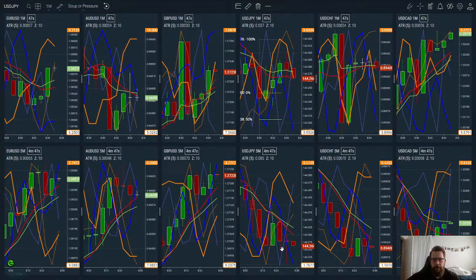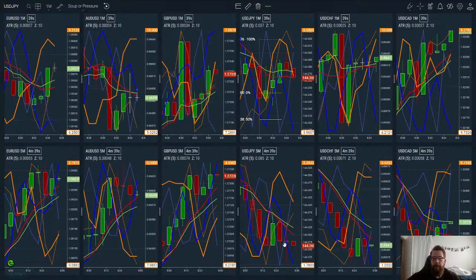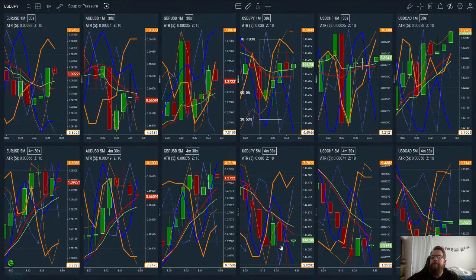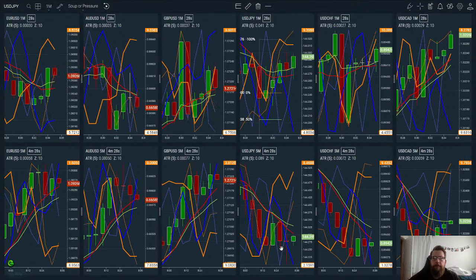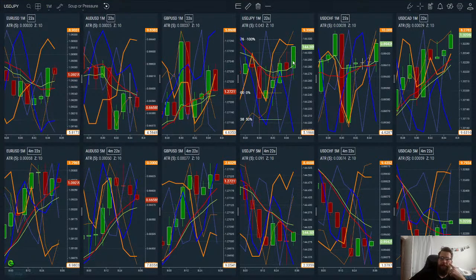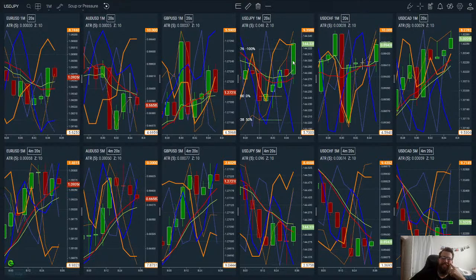Okay, so this bar did ultimately stay red, but didn't really go anywhere. A lot of movement, but didn't really go anywhere. I'm not liking the look of this.